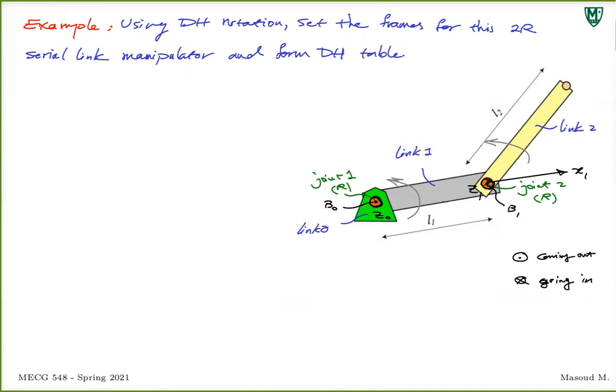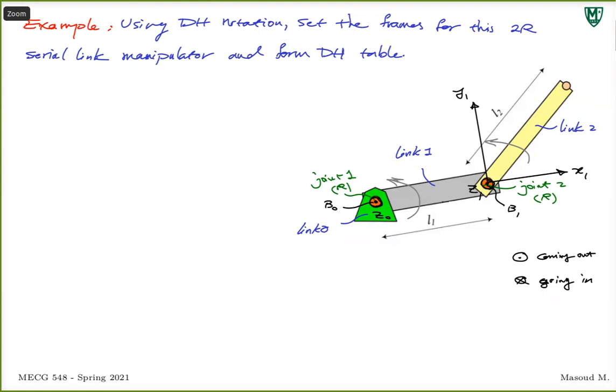In this case, it's coming out of the screen. Your thumb shows the direction of y1, perpendicular to both x1 and z1.